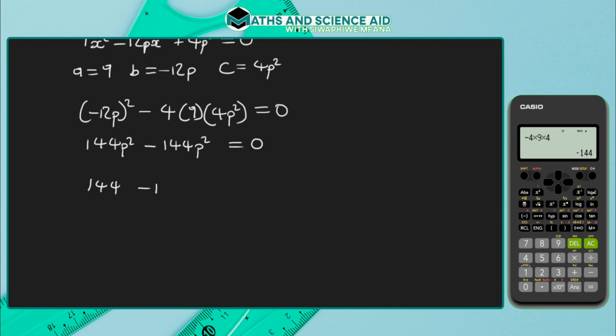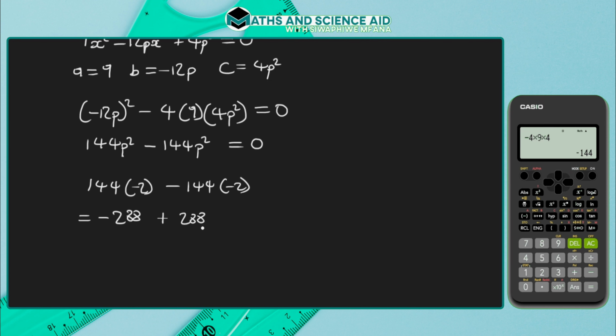Even if we were to say that, for example, p is equal to negative 2, we would have 144 multiplied by negative 2 minus 144 multiplied by negative 2. And this would give us here negative 288, and then on this side we would get positive 288.